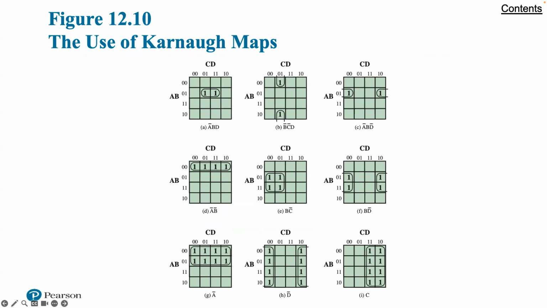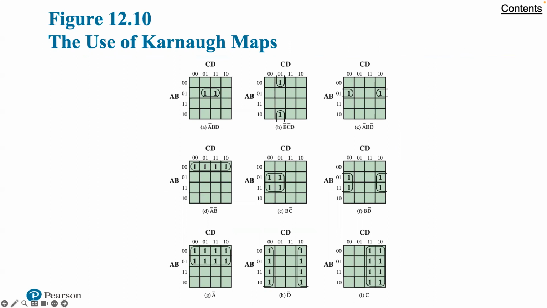Once the map of a function is created, we can often write a simple algebraic expression for it by noting the arrangements of the ones on the map. The principle is as follows: any 2 squares that are adjacent differ in only one of the variables.